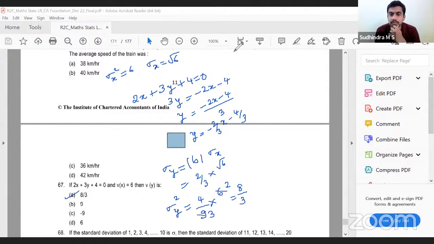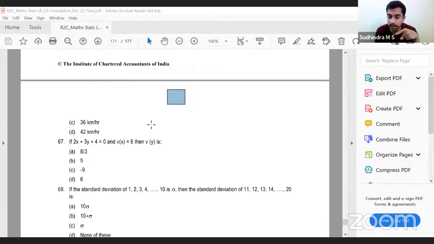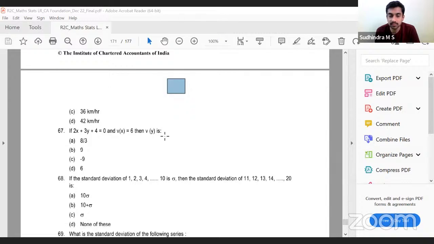Next question. If standard deviation of 1, 2, 3, 4 up to 10 is sigma, then the standard deviation of 11, 12, 13, 14 up to 20 is? Sigma.